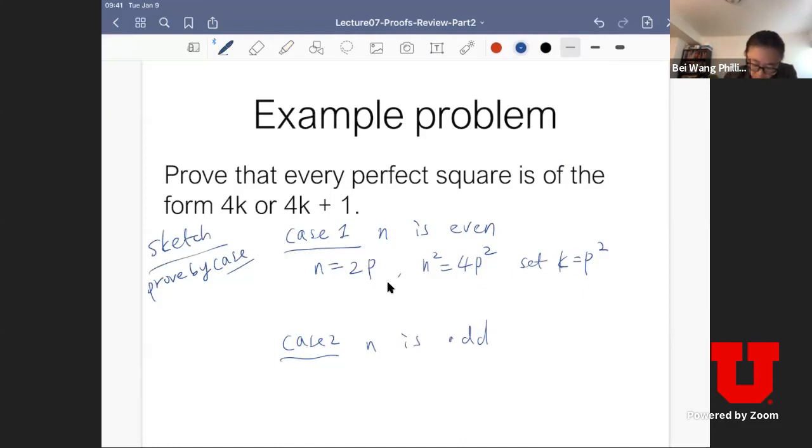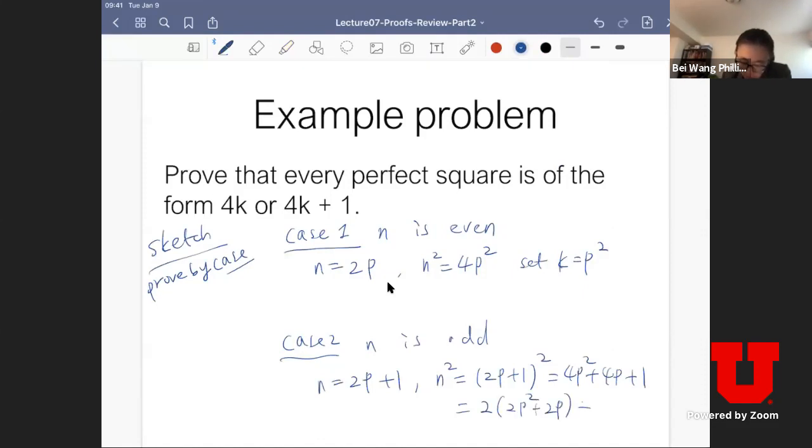Now the second case is when n is odd, so n is equal to 2p plus 1. Then by substitution, n squared is equal to (2p plus 1) squared, which is equal to 4p squared plus 4p plus 1. Factoring out a 2, it's 2 times (2p squared plus 2p) plus 1.